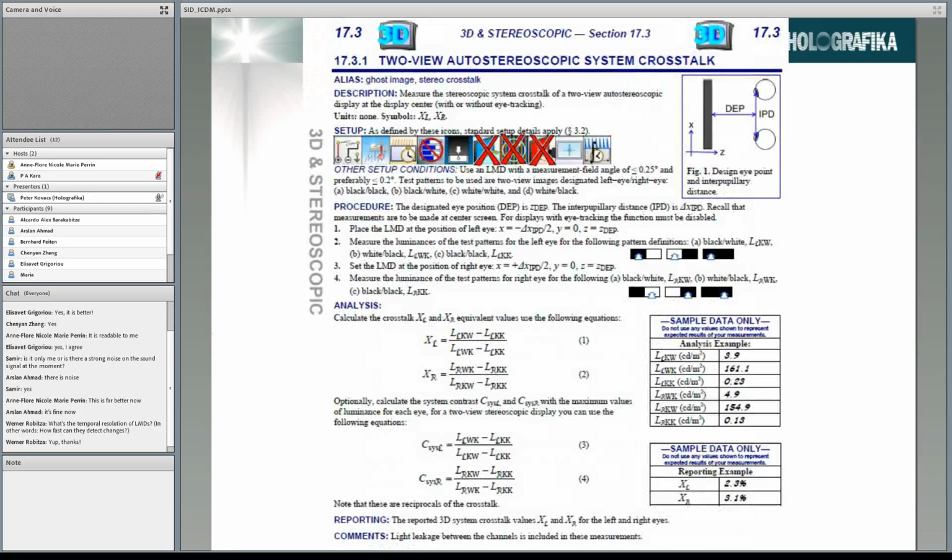The same crosstalk effect is often criticized in connection with auto-stereoscopic displays without glasses.